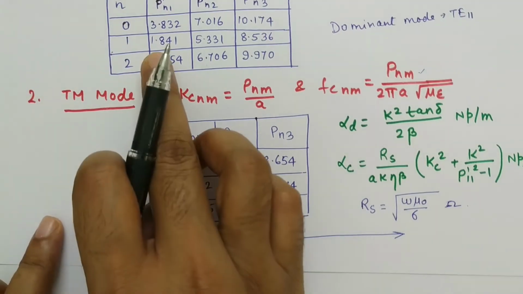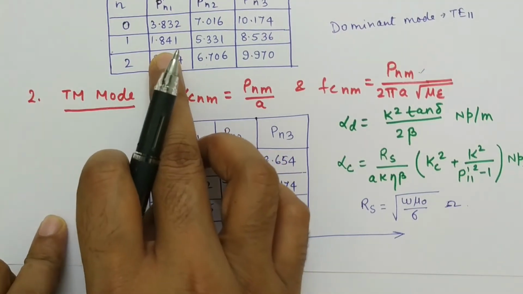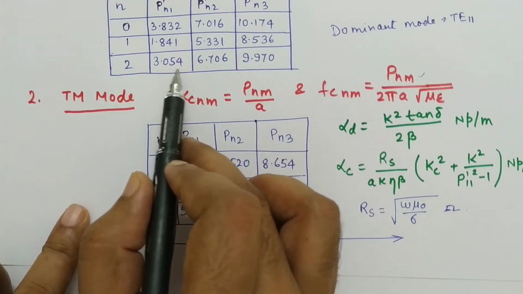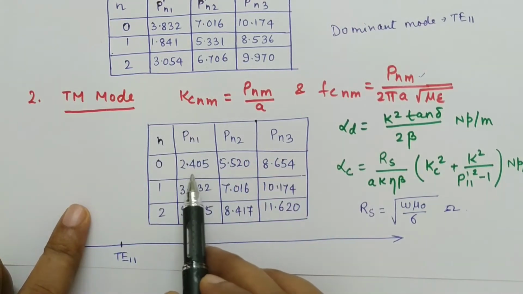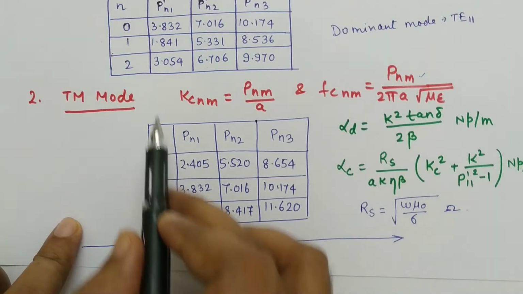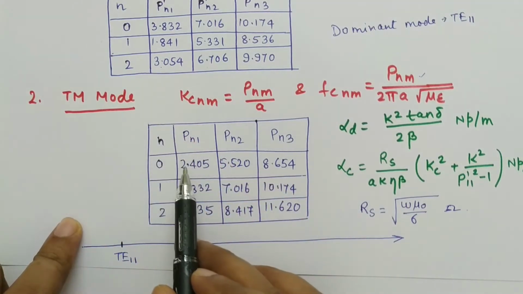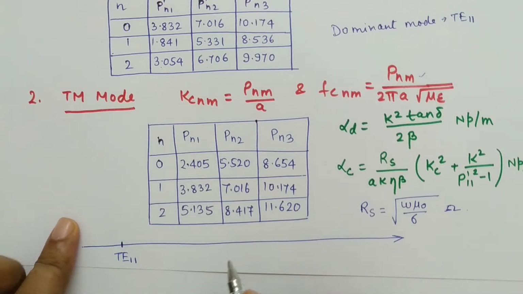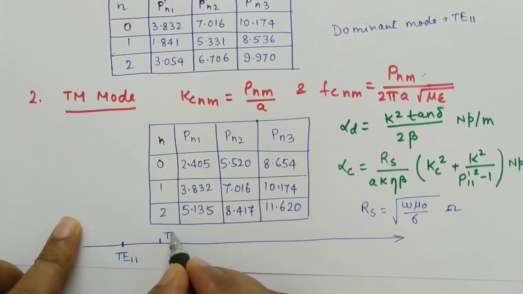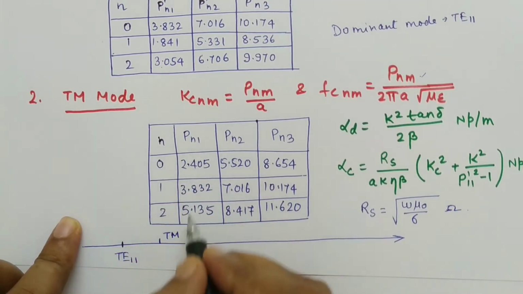Then from 1.841 we will see the next value. Here the next value is 3.054, but before that we have another value here which is 2.405, which is less than 3.054. So the next mode will be TM01.